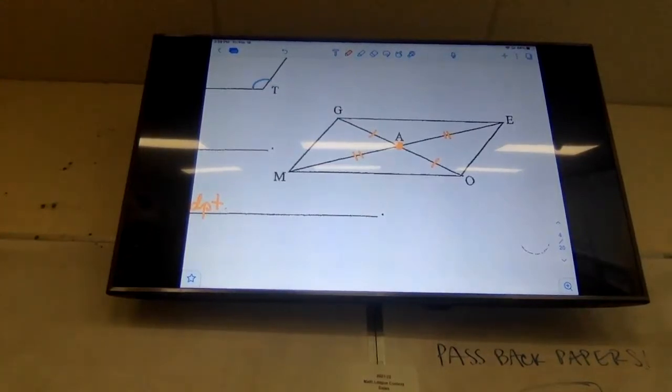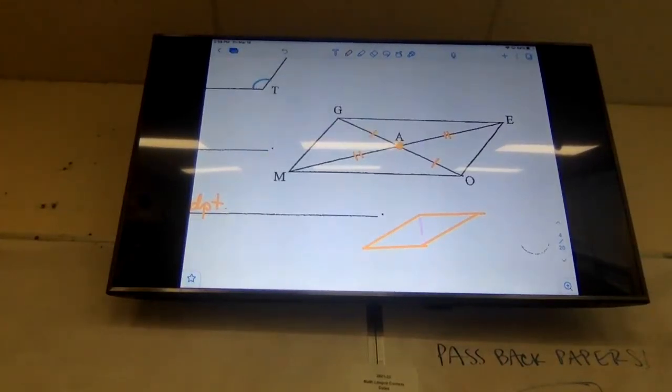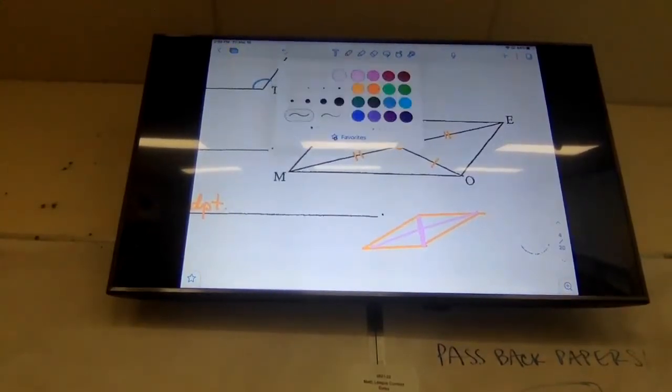I'm trying to see if I can make it more dramatic. I think it's a little bit more obvious here that this diagonal that I just drew is much shorter than this one, right? So by definition, their diagonals could be congruent, but they don't have to be. That's not a theorem that's always true about them.